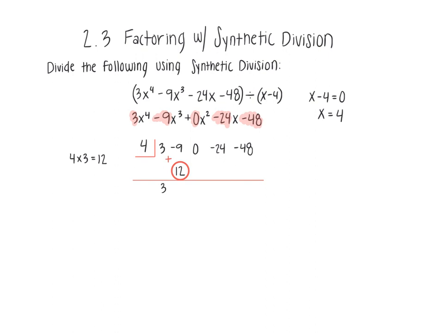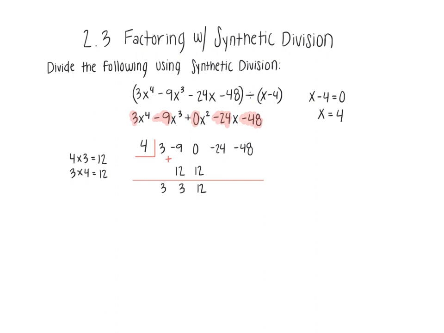So negative 9 plus 12 equals positive 3. We now repeat this process all over again by multiplying 3 by our c value and then placing that under the next coefficient. So 12 plus 0 again gives me 12.